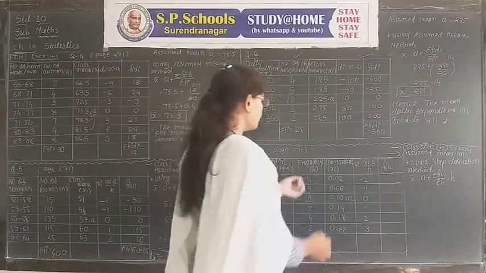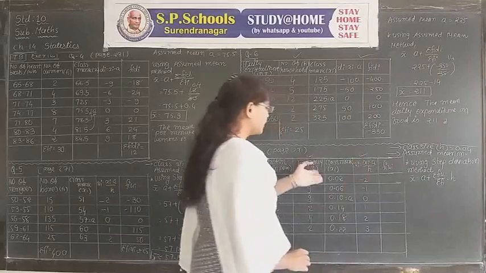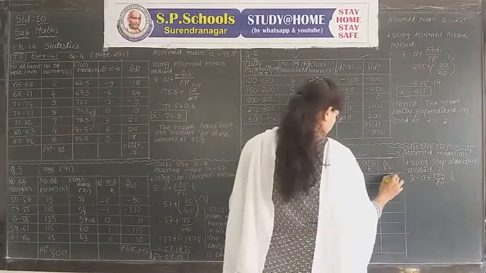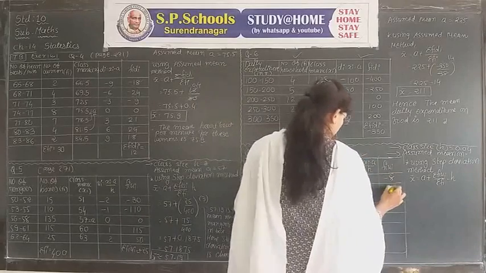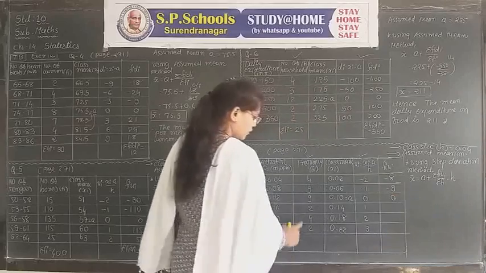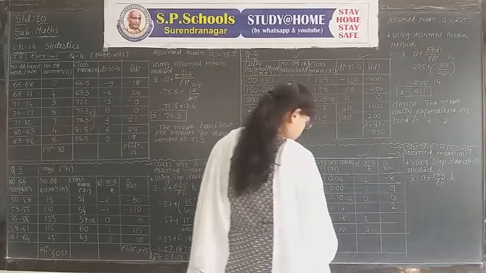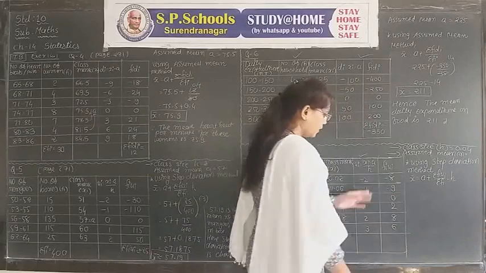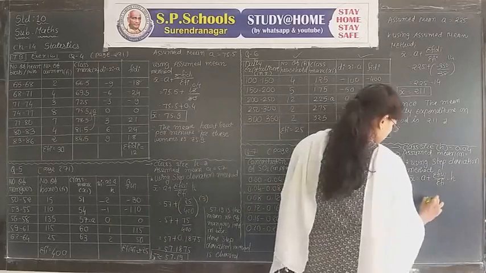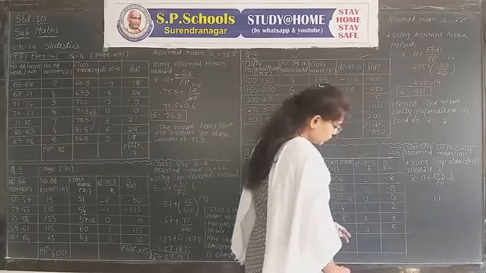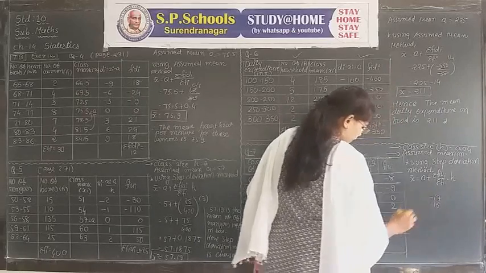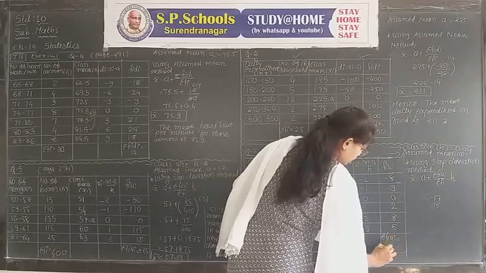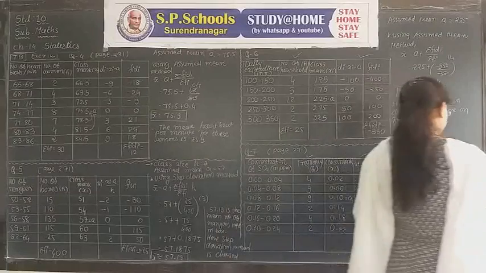The multiplication of Fi with ui is done in the last column: 9 ones are -9, in front of 0 is 0, 2 ones are 2, 4 twos are 8, 2 threes are 6. Here the negatives are -17 and the positives are 16, and the value of sigma Fiui is equal to -1.